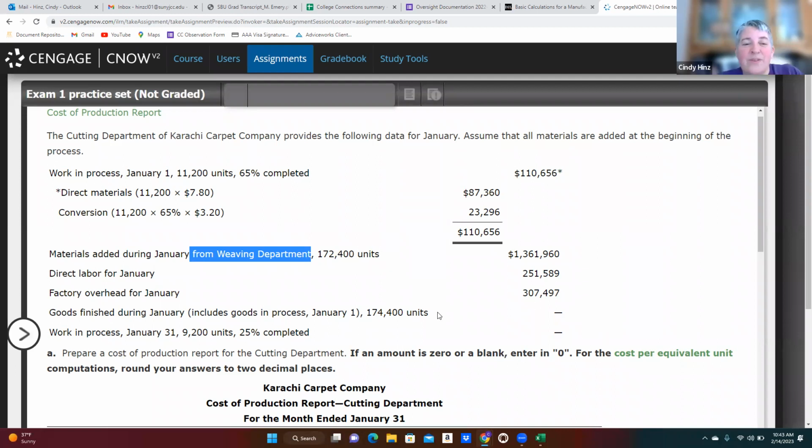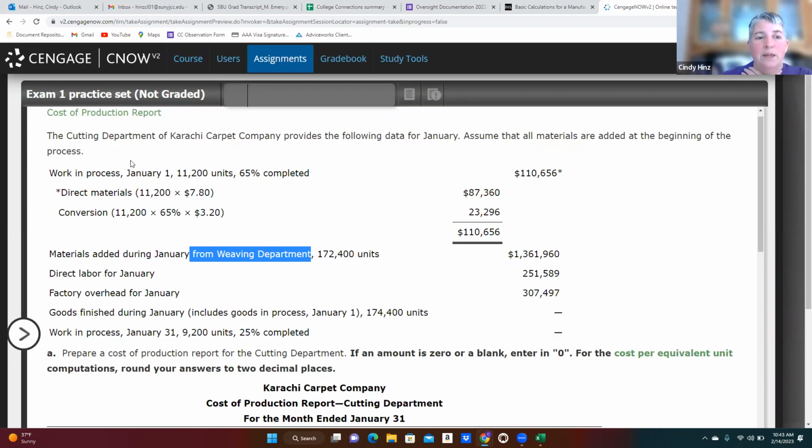And then they transfer those weavings into the cutting department, where I assume they cut the carpet, right? And so those transferred in costs are going to be treated as a separate cost being added to our account here.